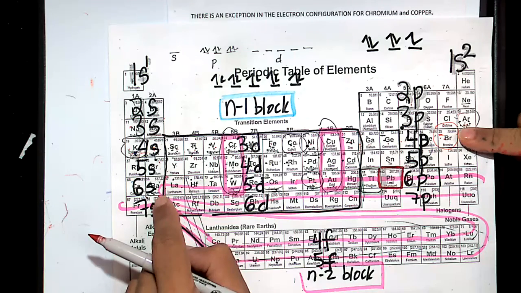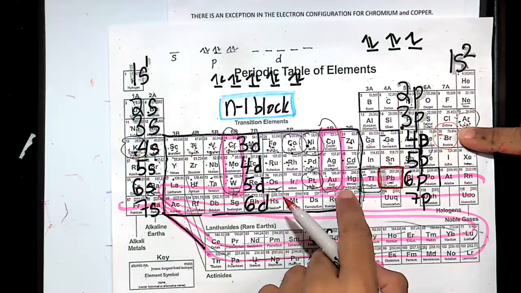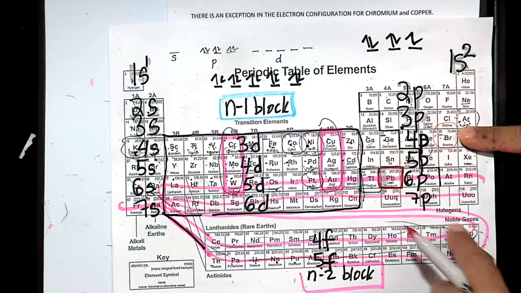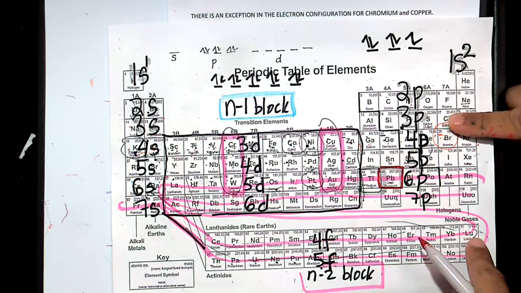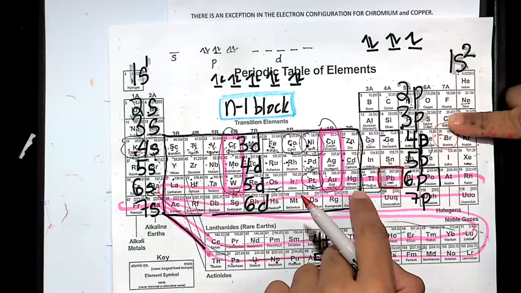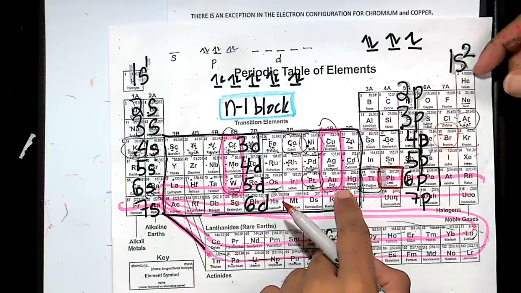Actually 6s1 4f14 5d10 would be for gold.